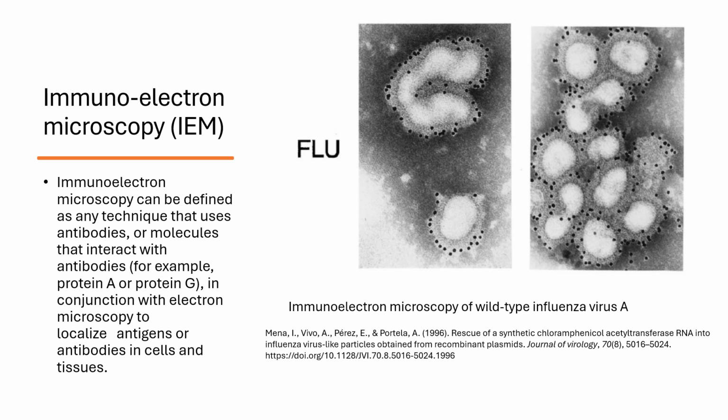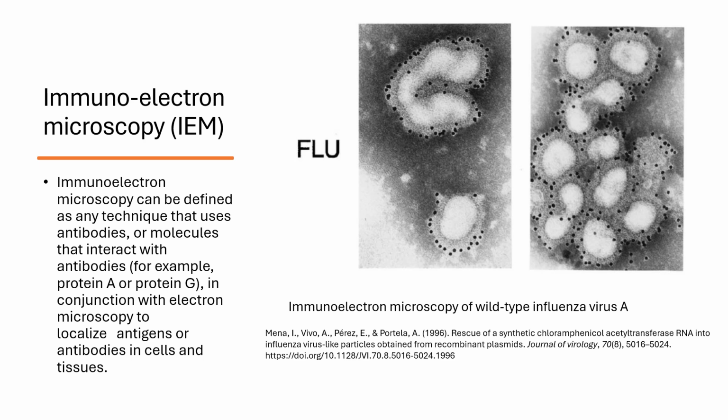Immunoelectron microscopy can be defined as any technique that uses antibodies or molecules that interact with antibodies, for example, protein A or protein G, in conjunction with electron microscopy to localize antigens or antibodies in cells and tissues.